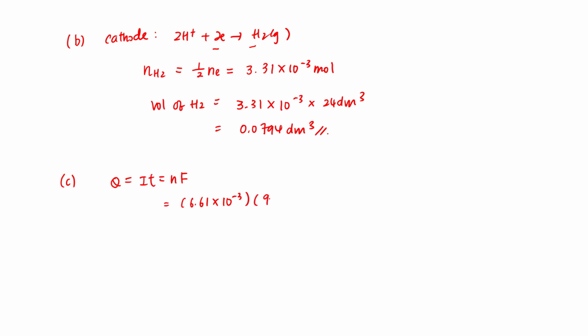F is the Faraday constant at 96500. I is the unknown and t is the time in seconds. So we have 20 minutes, changing it to seconds. With that, we are able to get the current I at 0.532 amperes, to 3 SF.